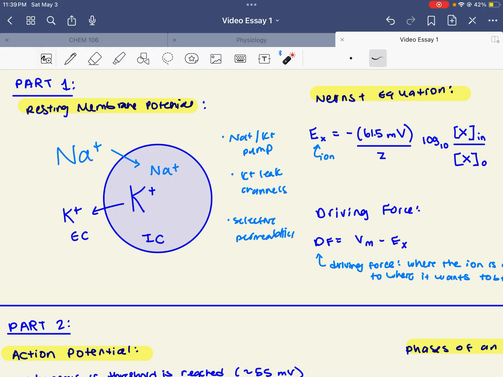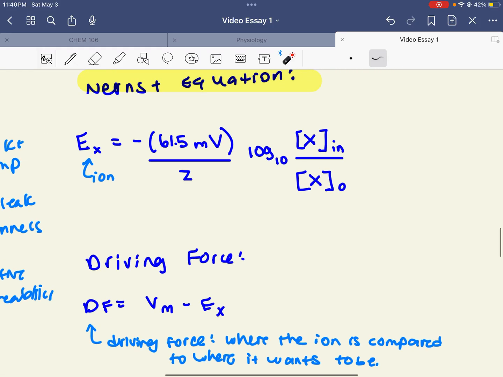If you increase extracellular potassium, this gradient becomes less strong. Less potassium would leave, so there'd be fewer negative charges in the cell, causing the resting membrane potential to become less negative, or closer to 0. Furthermore, if the permeability of sodium increased, so if more sodium could get in, this would also move the resting membrane potential towards 0, more positively.